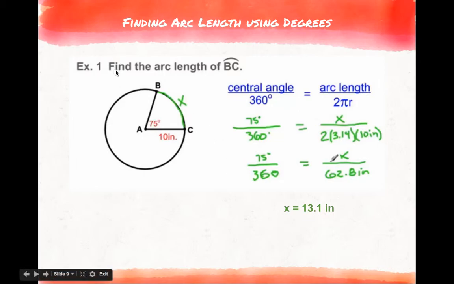So example number 1, we want to find the arc length of BC. Here's my arc, and I want to find its length. I know the central angle is 75 degrees and the radius is 10 inches.